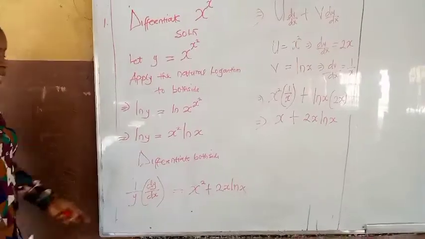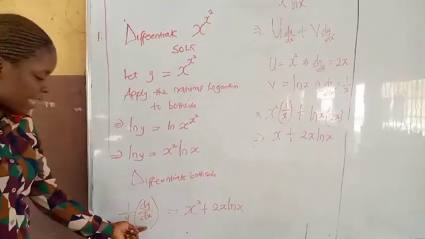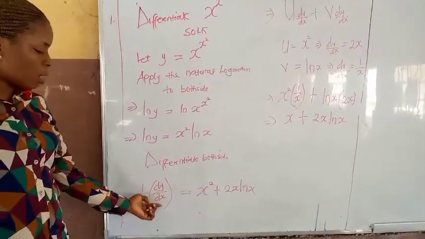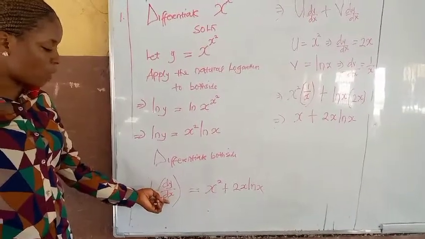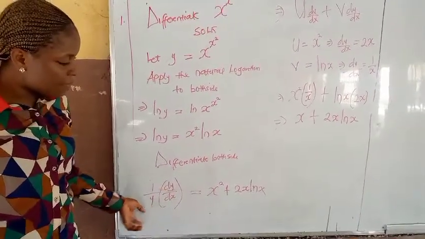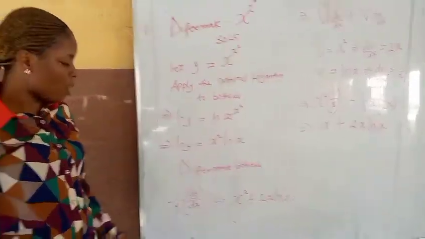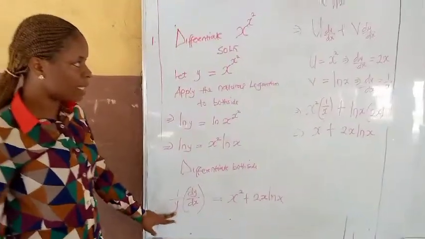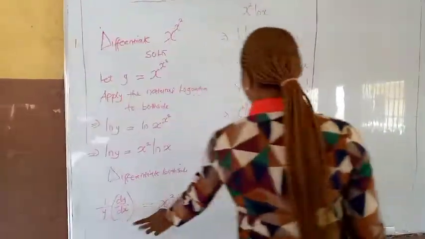But this is not the final answer, because I was asked to find this, dy dx. So I'm going to make this the subject of the formula by doing what? Multiplying the left and the right hand side with what? y, so that I can take away this. So we are going to move this to this side.